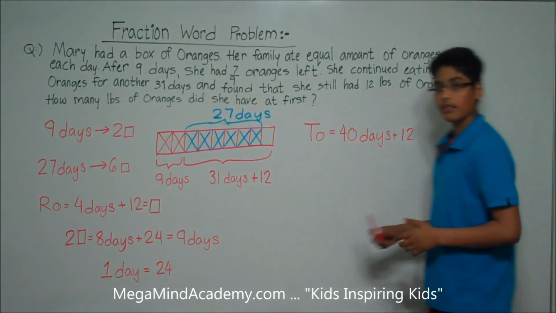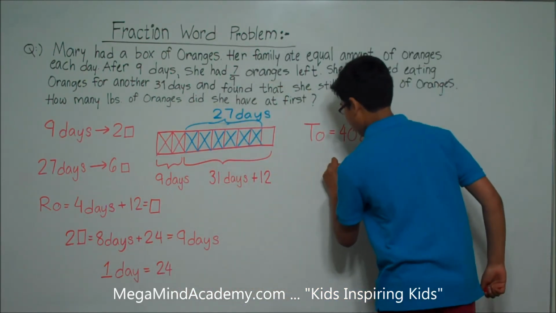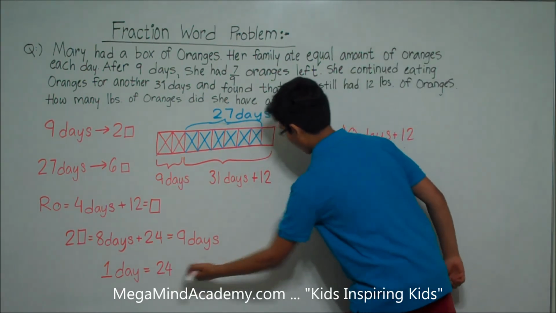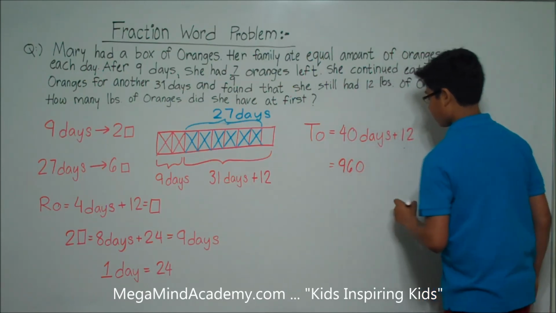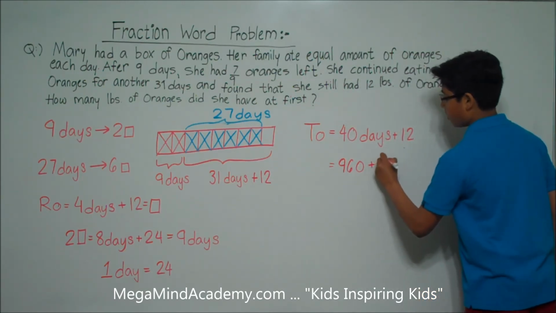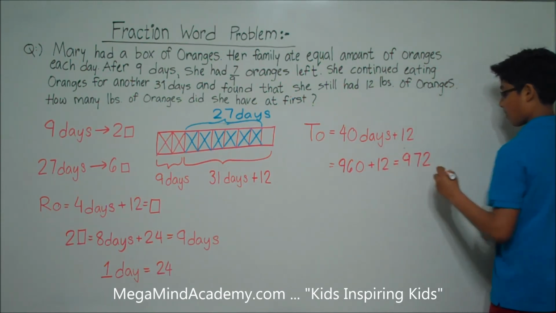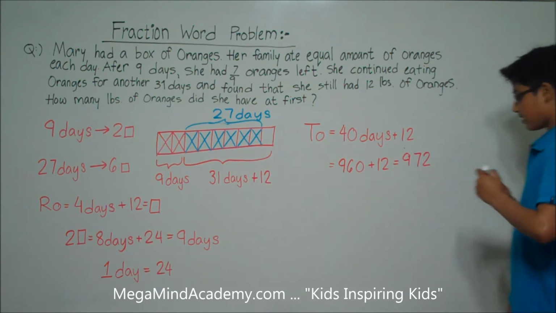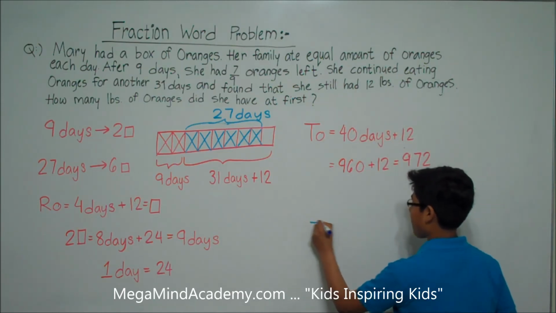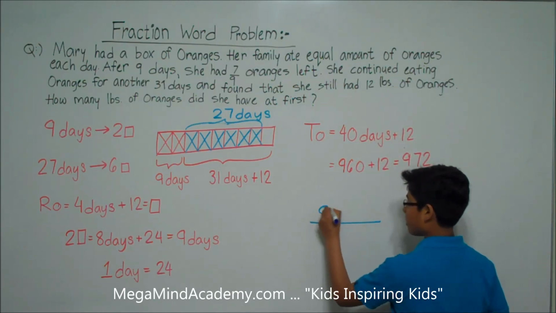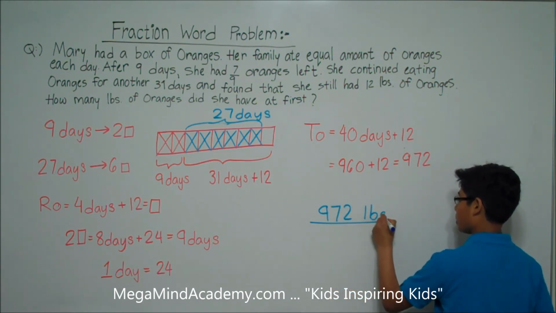Now we know that the amount of oranges eaten in 1 day is equal to 24. So this is equal to 40 times 24, which is 960, plus 12, which is equal to 972. So this means that at first she had 972 pounds of oranges.